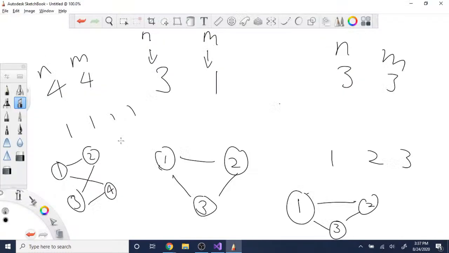So there is no cycle. No, but we have cycles for 1, 2, 3. If I get rid of 1, I get rid of these two.